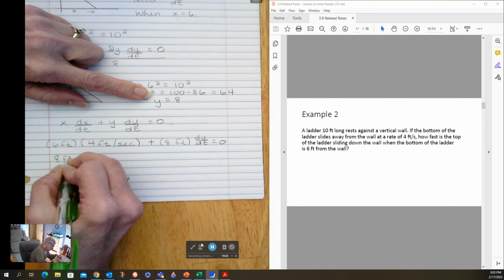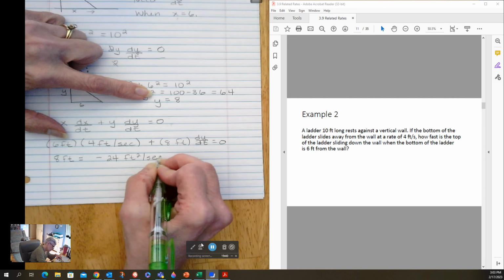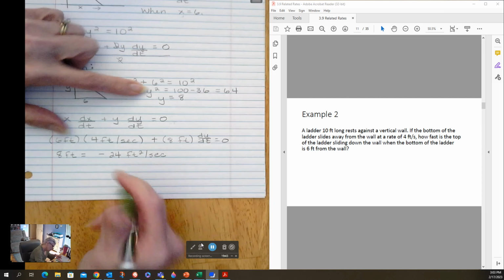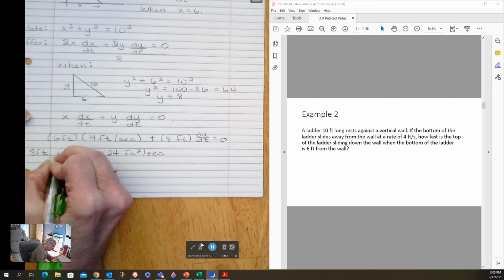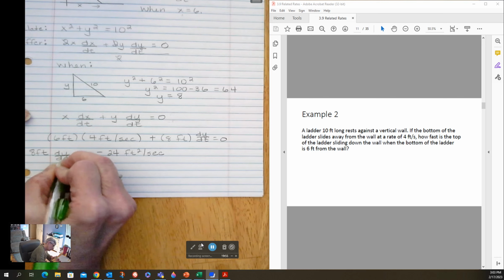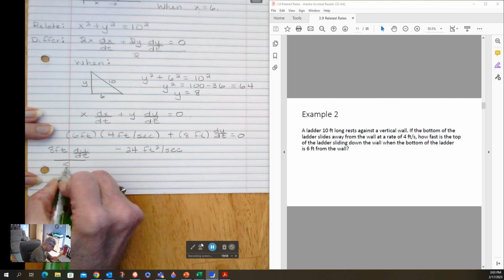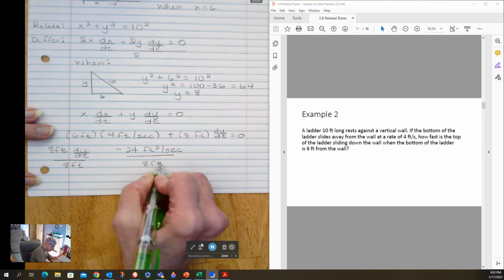So 8 feet times dy/dt is equal to negative 24 square feet per second. I really want dy/dt all alone, so I divide both sides by 8 feet.